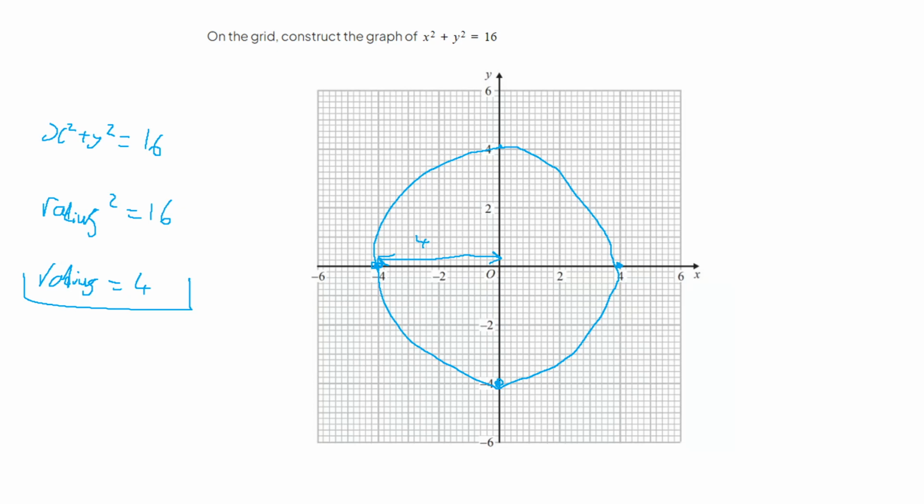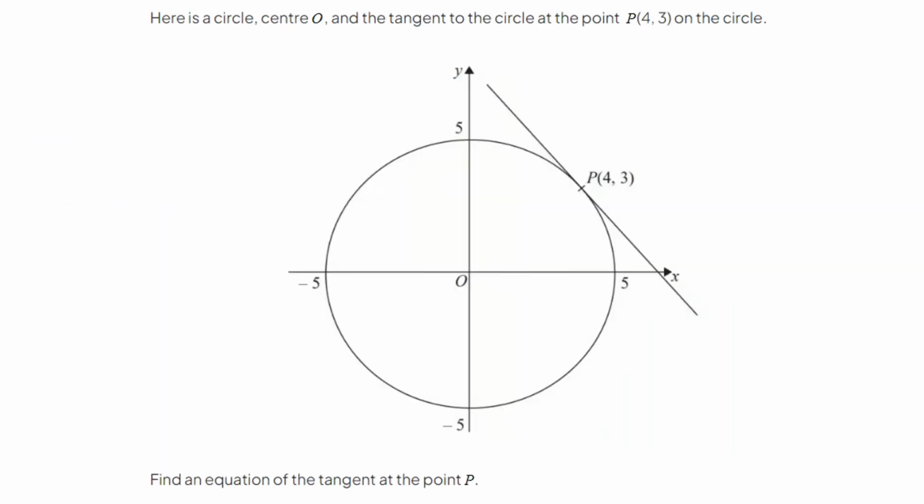But what about if we have to answer some exam questions? So let's say we have something like this, right? How do we work out the equation of the tangent at this point? Well, the first thing we can do is we can draw the radius on our line, right? Sorry, that's a terrible radius.